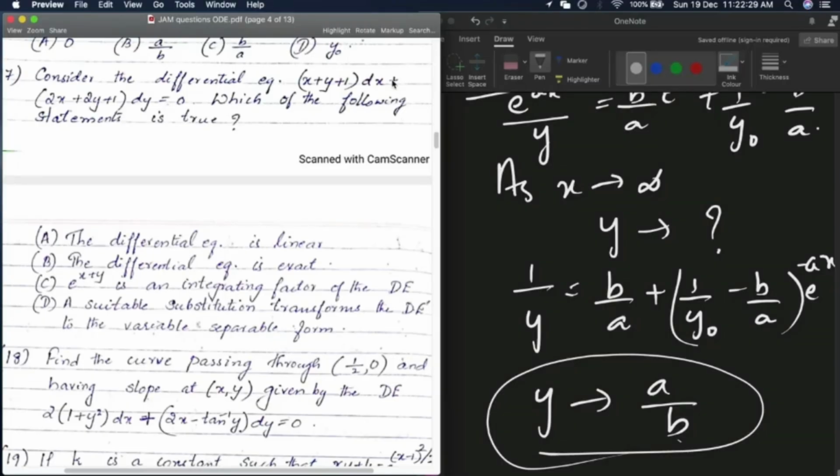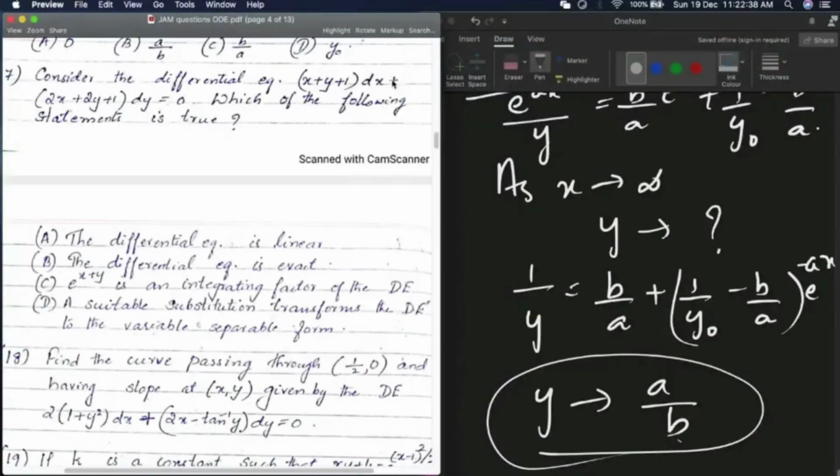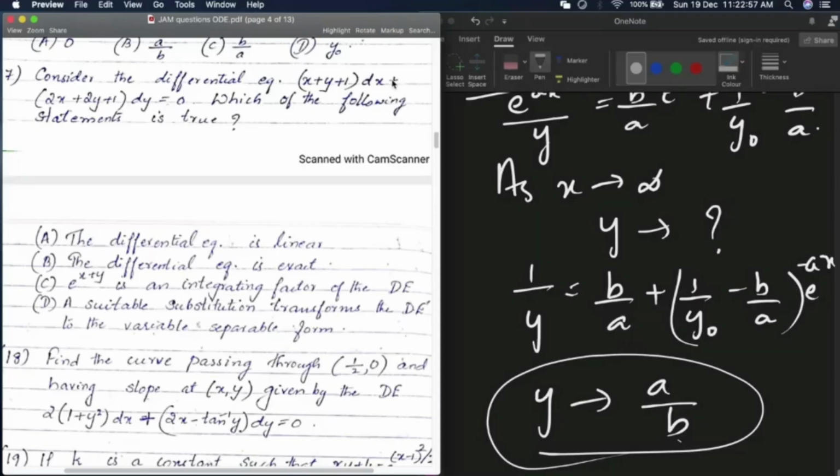By observing itself, dou M by dou y and dou N by dou x will not be the same. One is 1 and the other one will come 2. Is it linear? No, it is also not linear. dy by dx, if you write, no, you cannot write it as dy by dx plus py is equal to q. So a and b are ruled out.